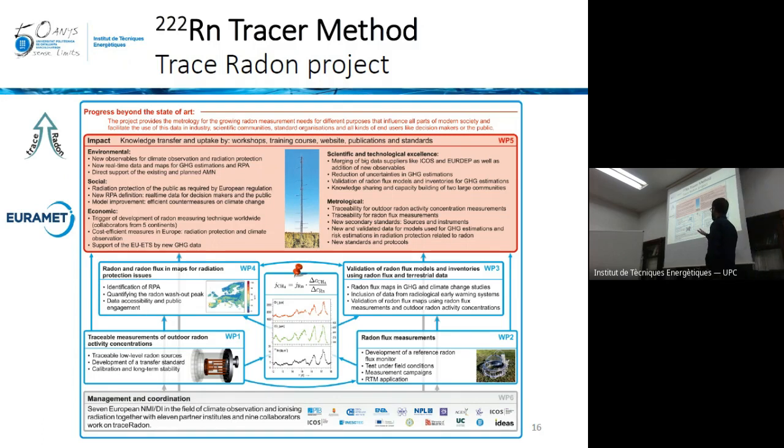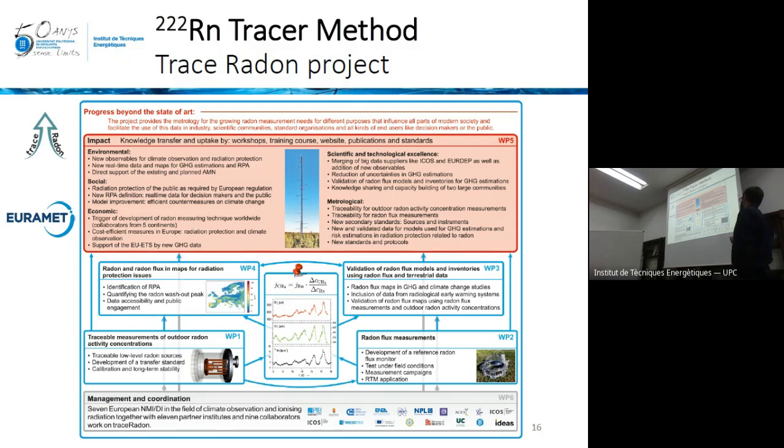So the first work package in this traceRadon project is to have traceable measurements of atmospheric radon activity concentration. So to have good atmospheric measurements of radon. Work package 2: the objective is to have good radon flux measurements.